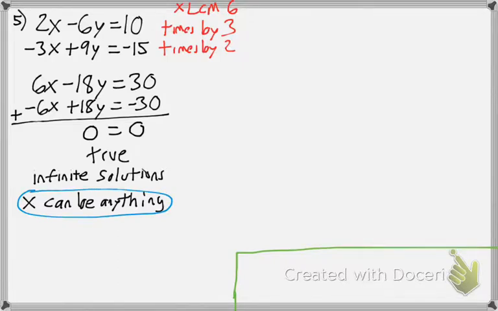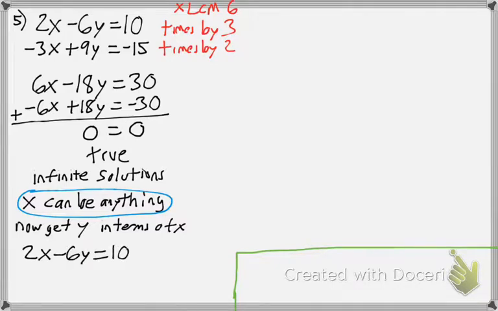For my y, I actually want to get that now in terms of x. So you can pick any one of the original 2 equations. I'm going to pick the top one, which I have 2x minus 6y is equal to 10. And I want to isolate for y.